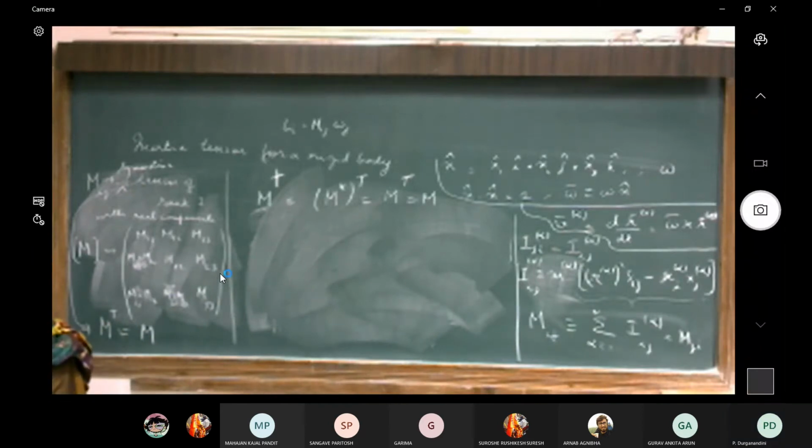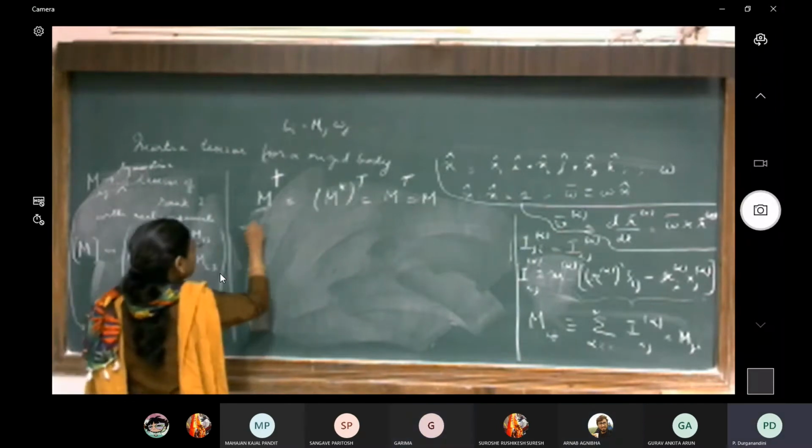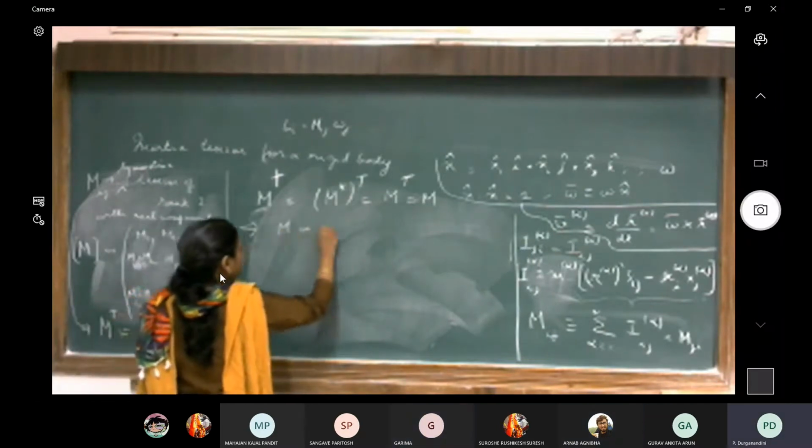If M dagger is the same as M, it's not unitary; unitary is if M dagger equals M inverse. It's Hermitian. So this tells you that M is a Hermitian matrix.